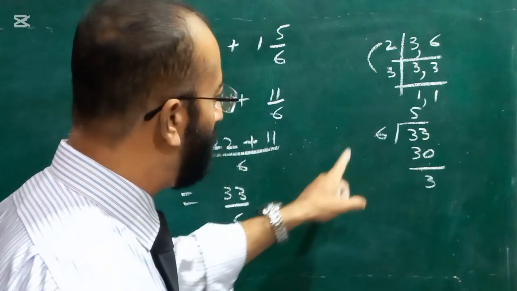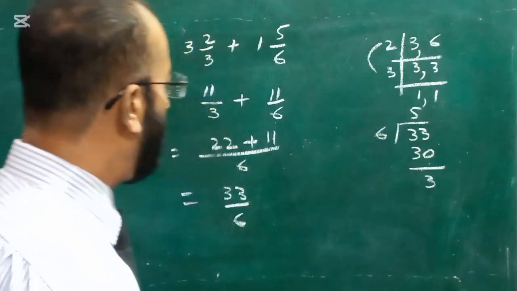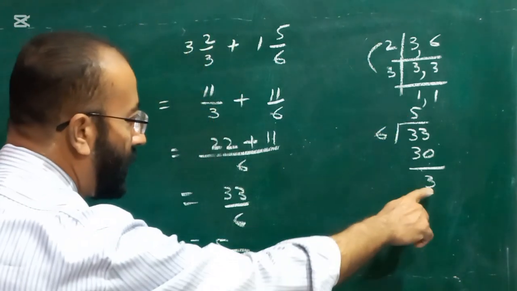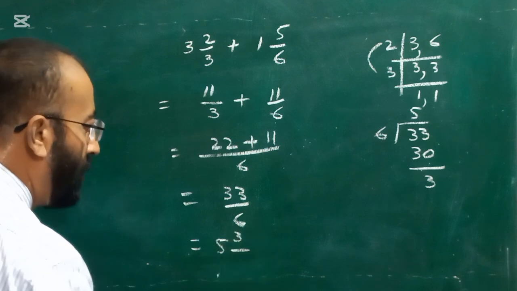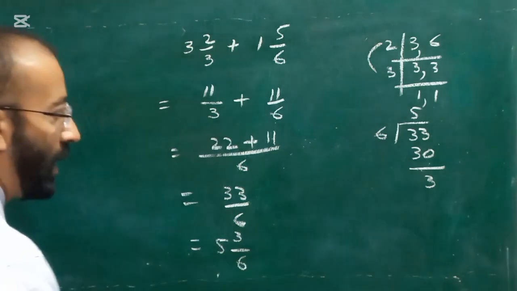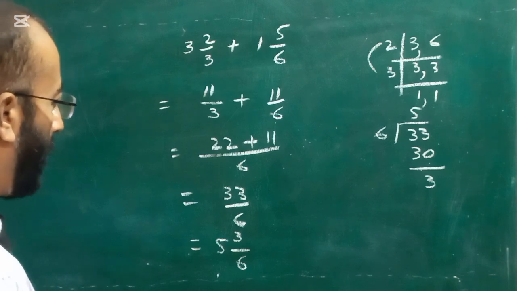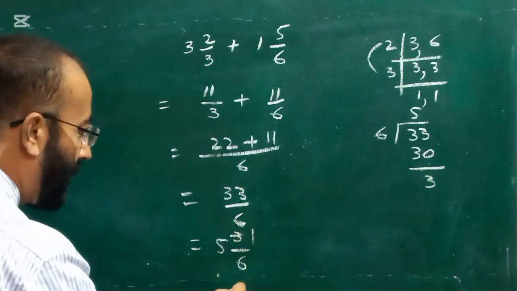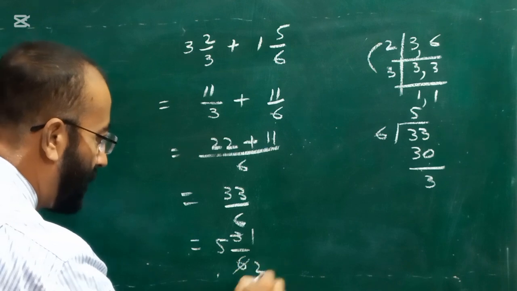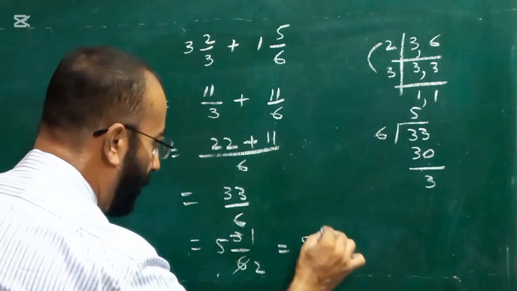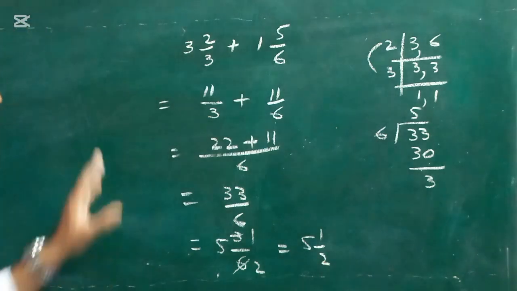To write this number, this quotient will become the whole number part, this remainder will become the numerator, and this 6 will become the denominator. Okay, now this fraction part will be cancelled. In 3's table, this is cancelling. So 3 1s are 3 and 3 2s are 6. So answer is 5 whole number 1 by 2. So this is the direct method.